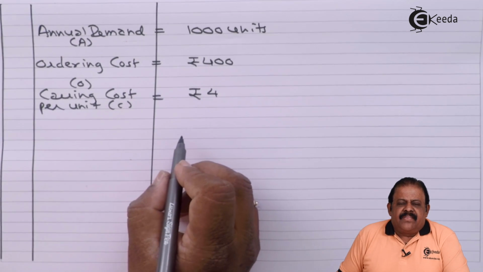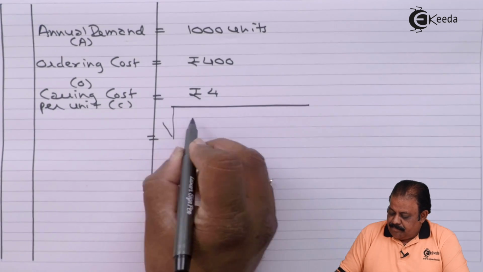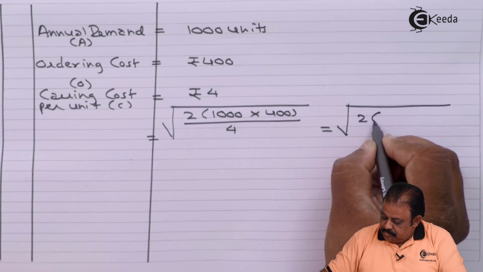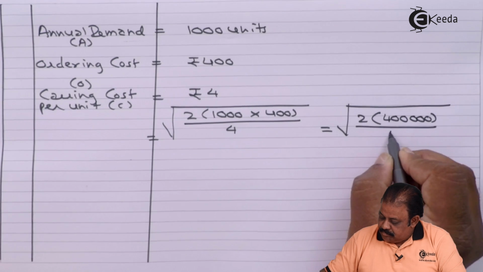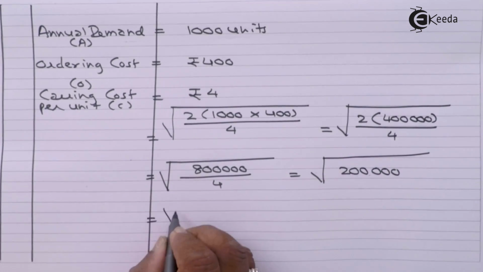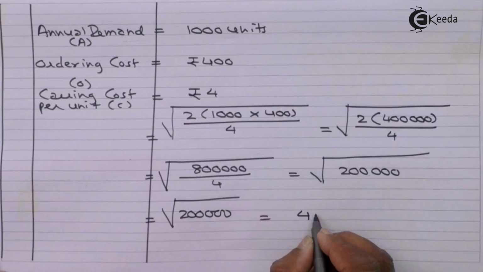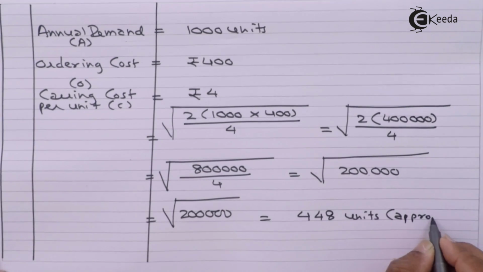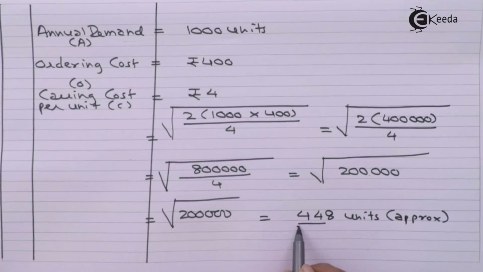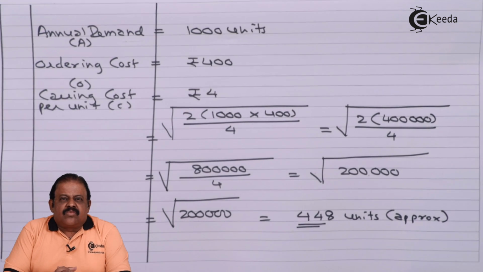We can complete the equation. So approximately economic order quantity is 448 units. So in this question we have understood how to calculate various items of ordering cost and carrying cost.